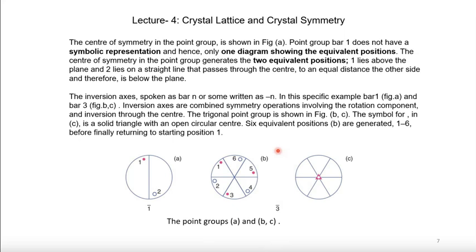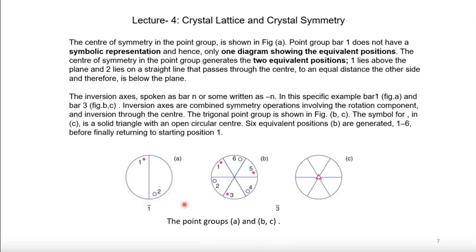Here we have a centrosymmetric point group, and that must have a center of symmetry. So we have a centrosymmetric point group here, bar 1.